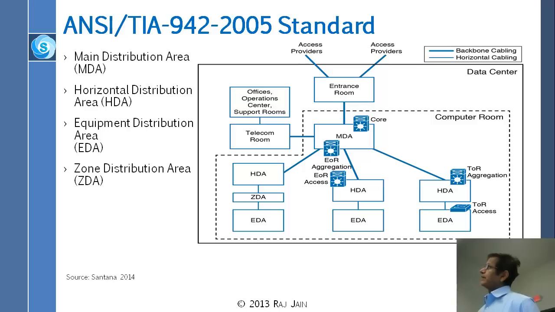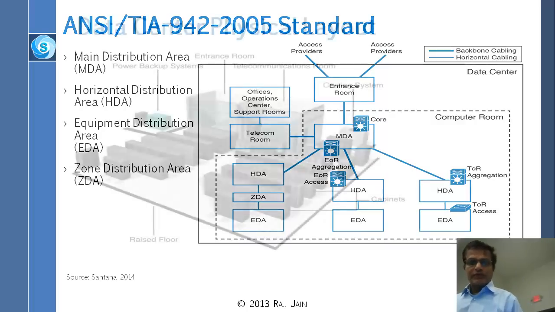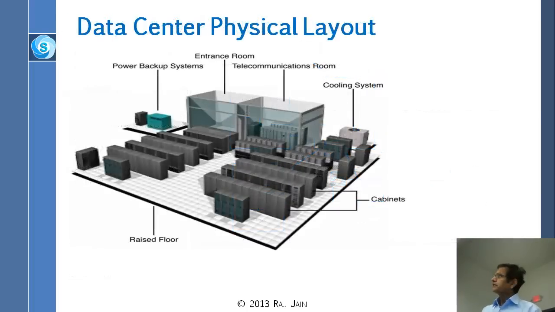So first there is the MDA, which is the main distribution area. From there you go to horizontal distribution areas, HDAs, and from there you go to equipment distribution areas. If you go back to the previous picture, the first few things here might be simply patch panels. There used to be patch panels before, but I'm sure by now they are all automated, so you can change things remotely.